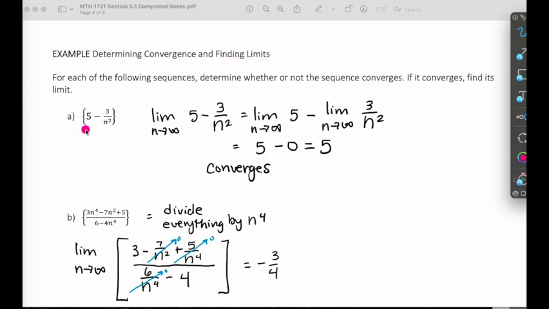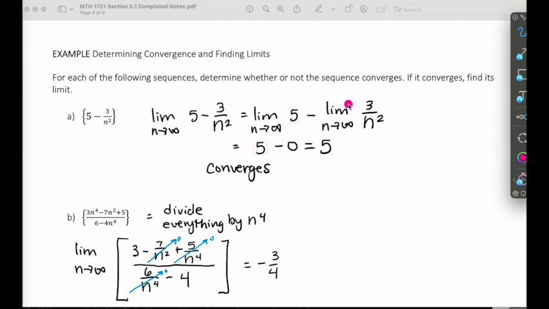Okay, so looking at the first sequence, part A, we have the sequence 5 minus 3 over n squared. So if I find the limit as n goes to infinity using our limit laws, I know that this converges. So using our limit laws, I can break up the limit as a difference of two limits. And when I take the limit as n approaches infinity of a constant 5, I get 5.